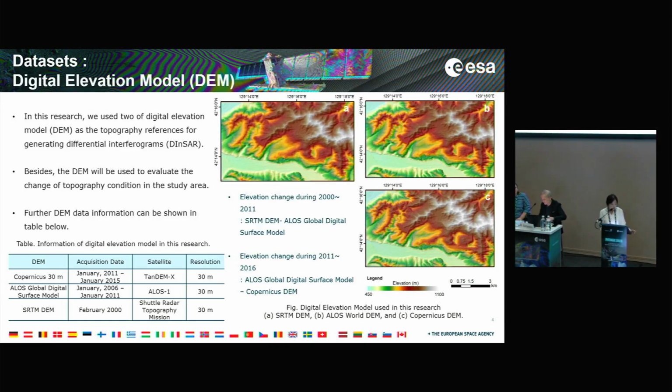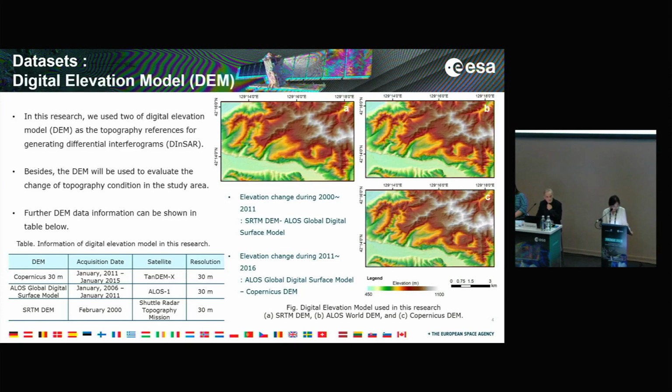In this research, we use two DEMs as the topography reference for generating DInSAR. Besides, the DEMs will be used to evaluate the change of topography in the study area. This table shows information of the DEMs in this research.